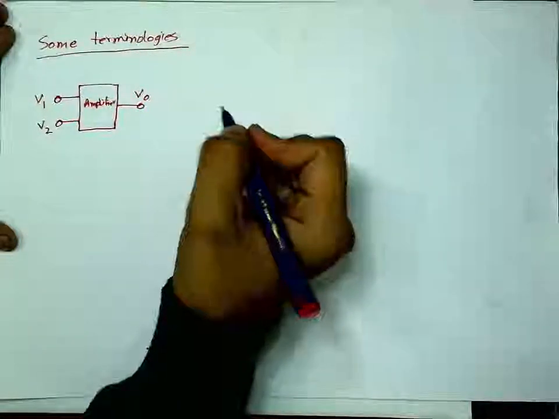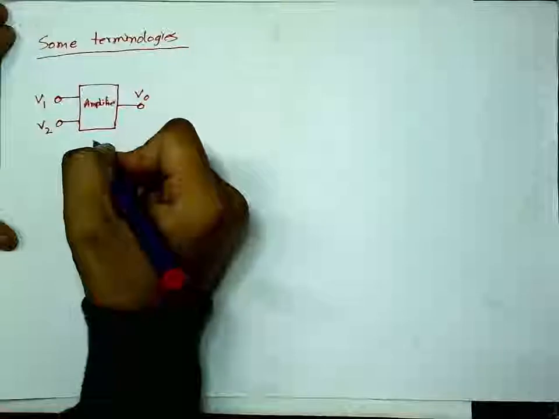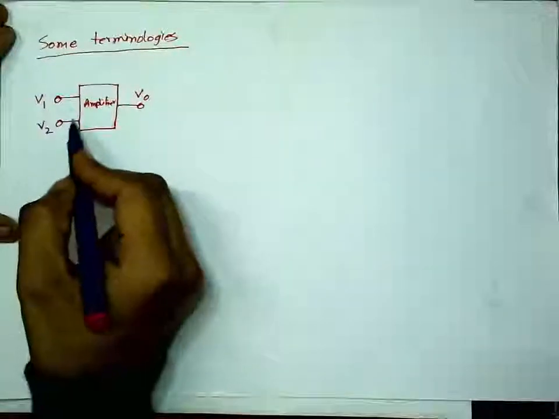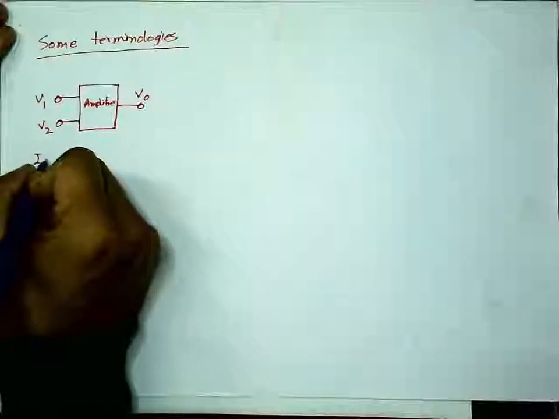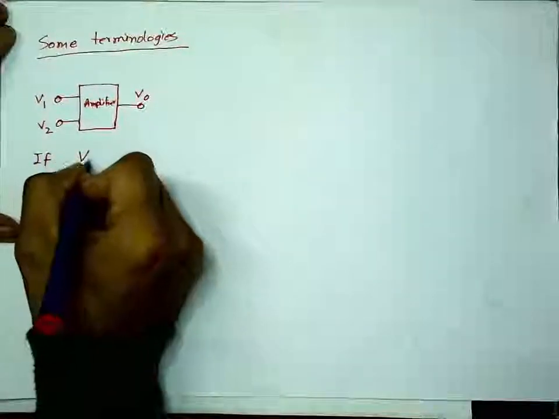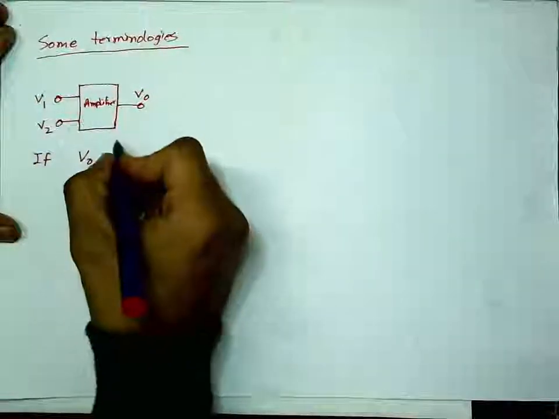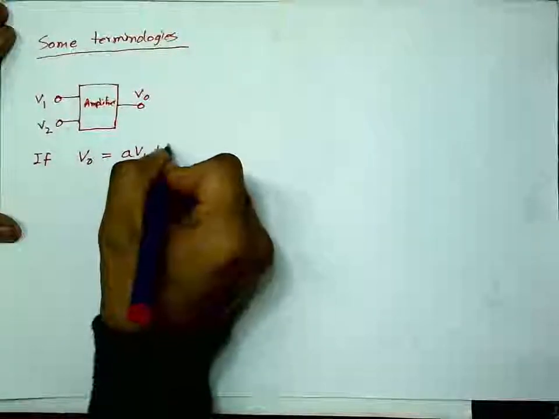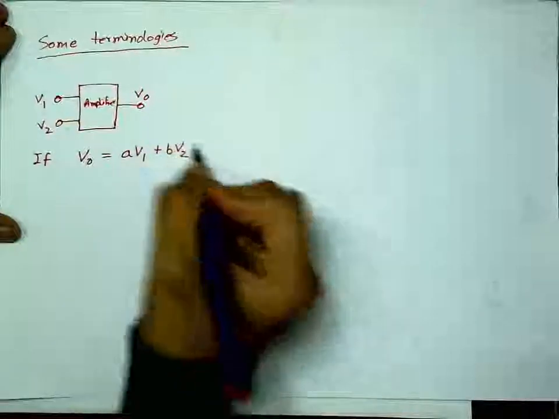Suppose the output is some linear function of V1 and V2, that is VO = A V1 + B V2.